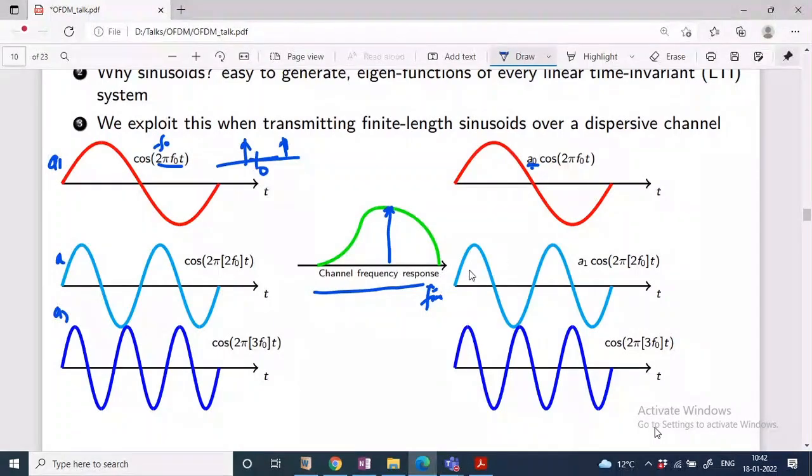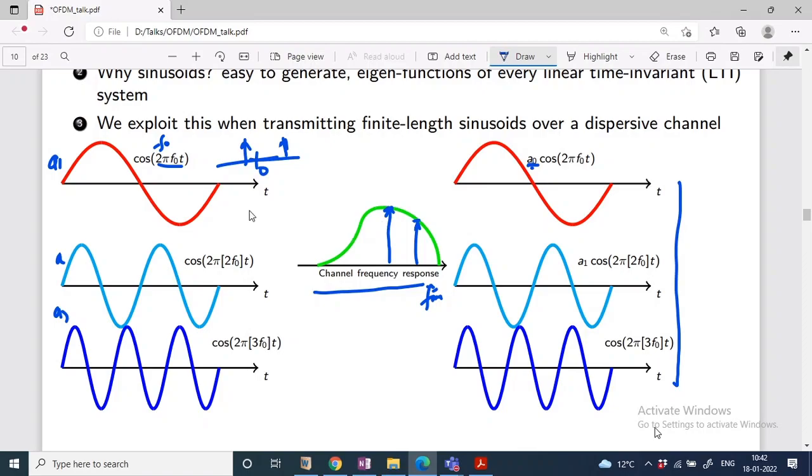This waveform will then maybe experience a flat fading channel, so there is no distortion in amplitude, only scaling by this factor or maybe a delay. That's the beauty of the LTI channel when we transmit cosine signals. They will not distort.